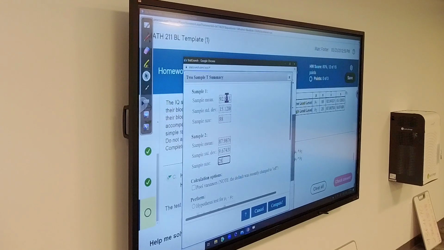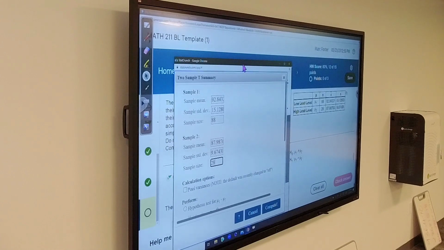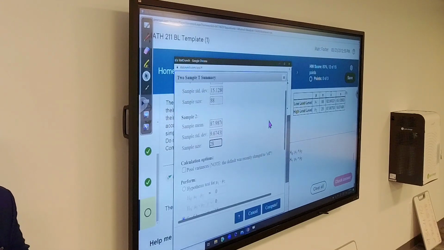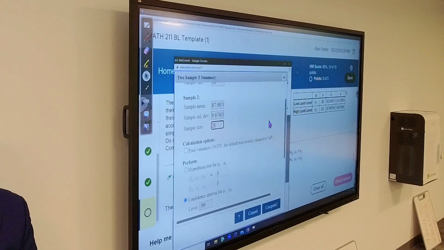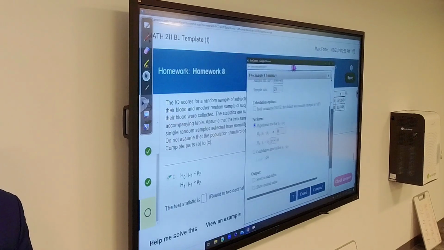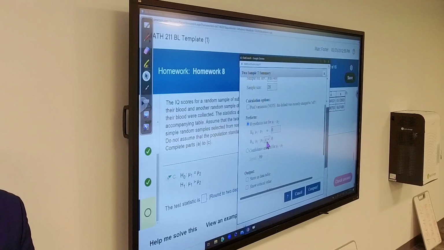Looks like they had a hard time finding people with high levels of lead. We only had 28 of those people, but that's okay. The sample sizes can be different. They can be wildly different. And I'm doing a hypothesis test with mu1 greater than mu2.